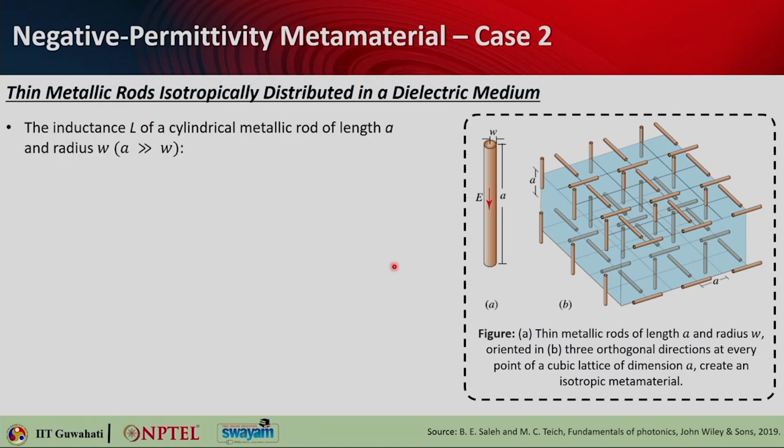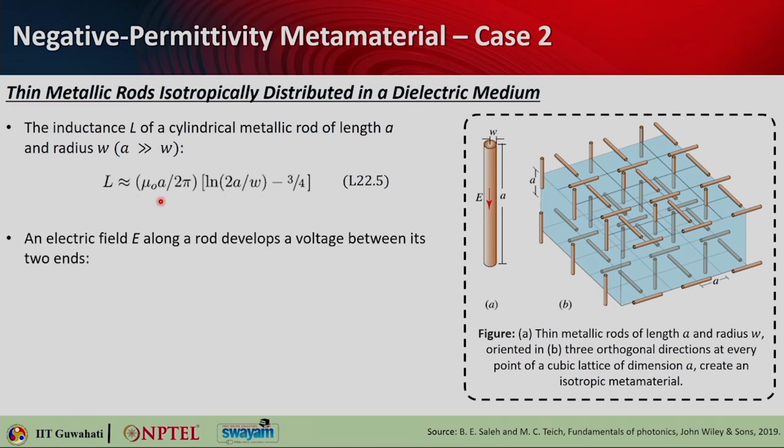In this case, the inductance L of a cylindrical metallic rod which has a length of a and radius of w, where we consider that a is much larger than w, you can approximate using this formula. When there is an electric field along this rod, that will develop a voltage difference between its two ends.